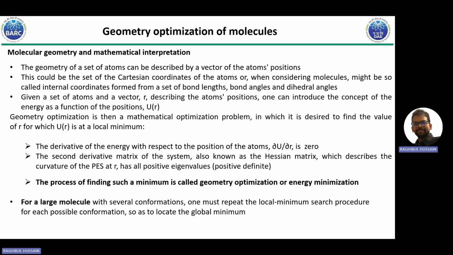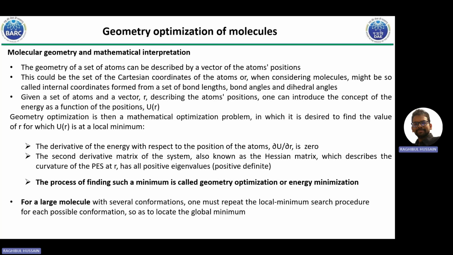So what actually a geometry optimization does is, you are constructing a mathematical function by taking the positional aspect of the individual atoms. Then after getting the mathematical function, you are minimizing that function, to find at which position of the atoms with respect to the electrons it is relaxed or settled.